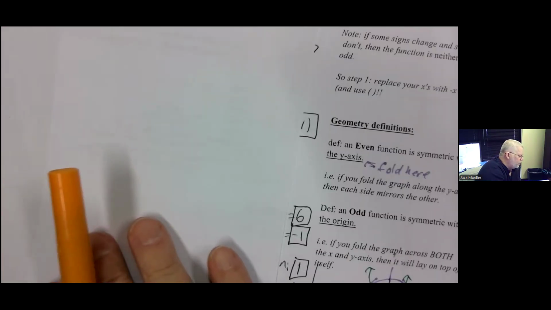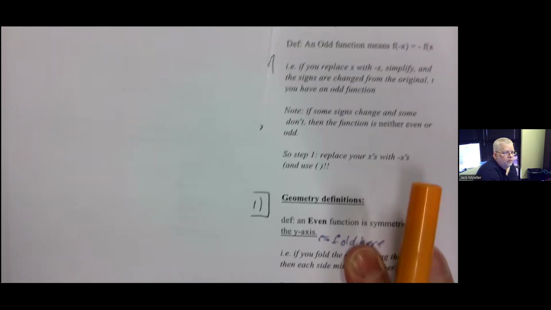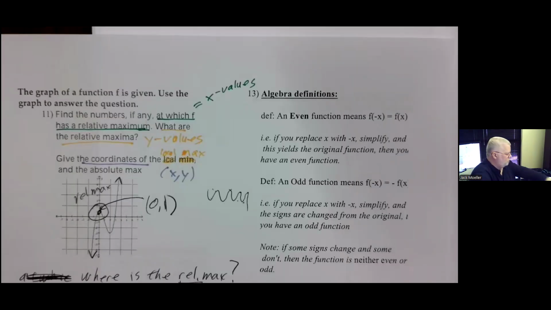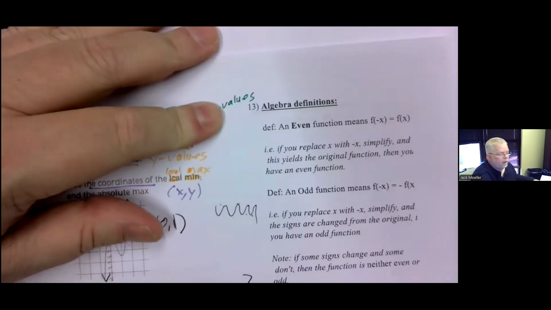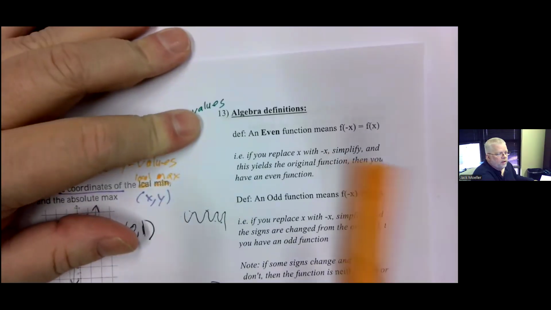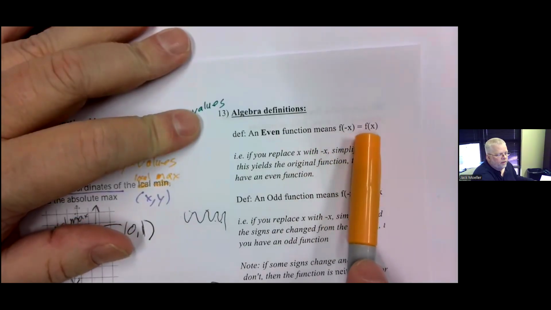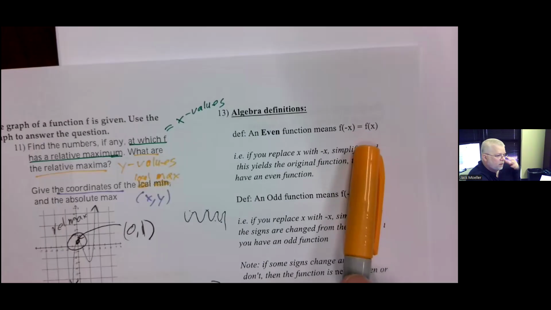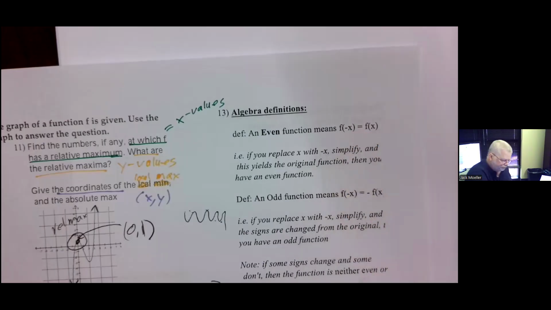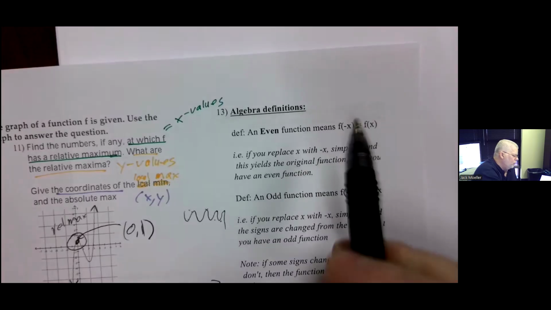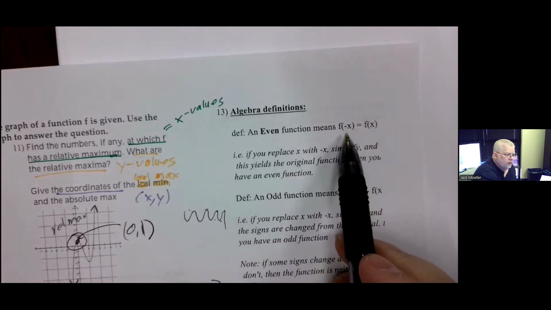For the algebra definition, an even function means that f of negative x is equal to f of x. That's how we define it. What does that mean? This goes back to function notation. That's why this is in the properties of functions. What does f of negative x mean?